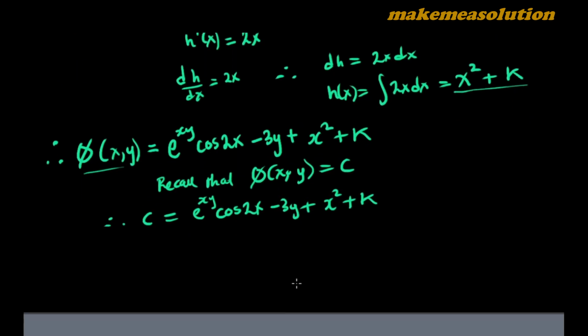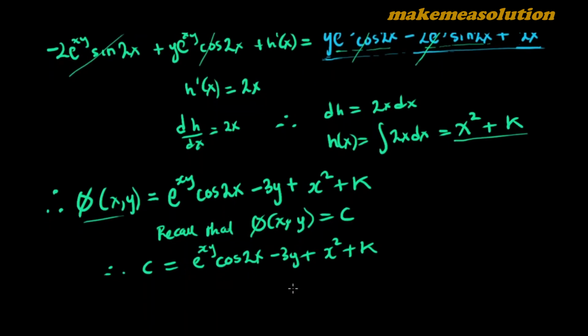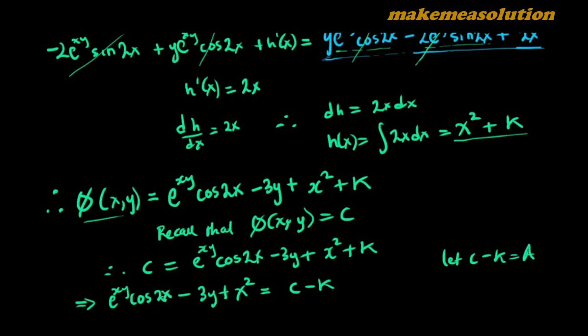Okay, so when you solve in this particular way, grouping the arbitrary constants, you have exponential xy cos 2x minus 3y plus x squared is equal to c minus k. So let c minus k be a, another arbitrary constant.